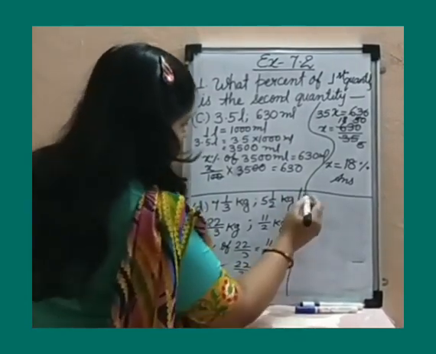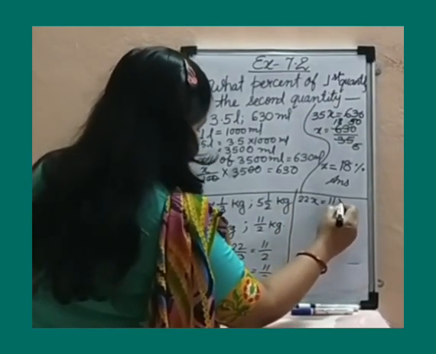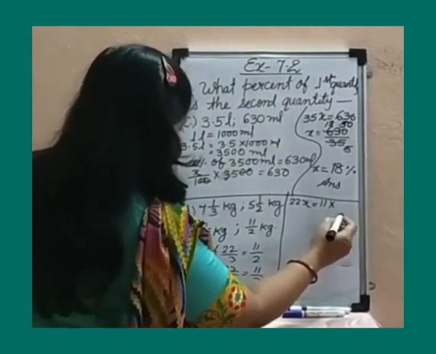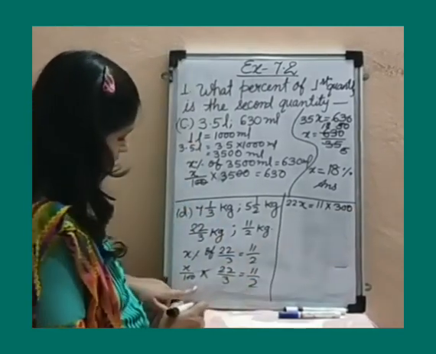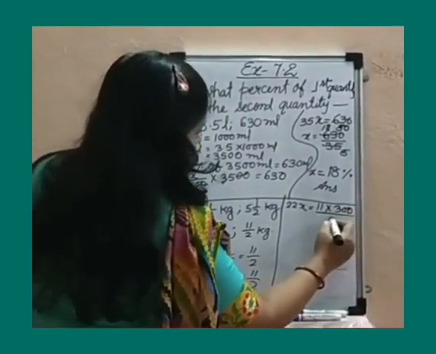Now 22x equals 11 into 300. 100 into 3 equals 300 upon 2.